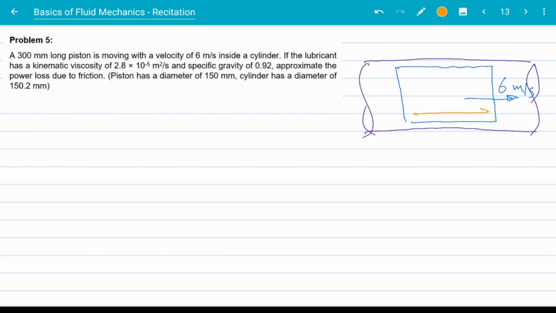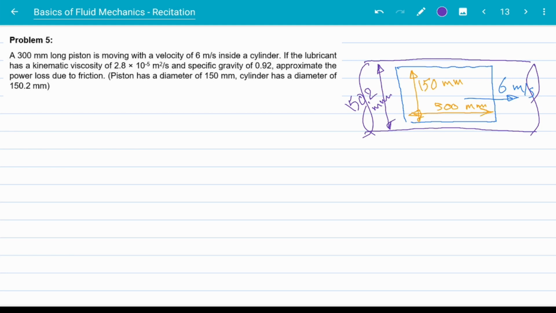I know that the piston is 300 millimeters long and its diameter is 150 millimeters. I also know the diameter of the cylinder. The diameter of the cylinder is 150.2 millimeters, right?